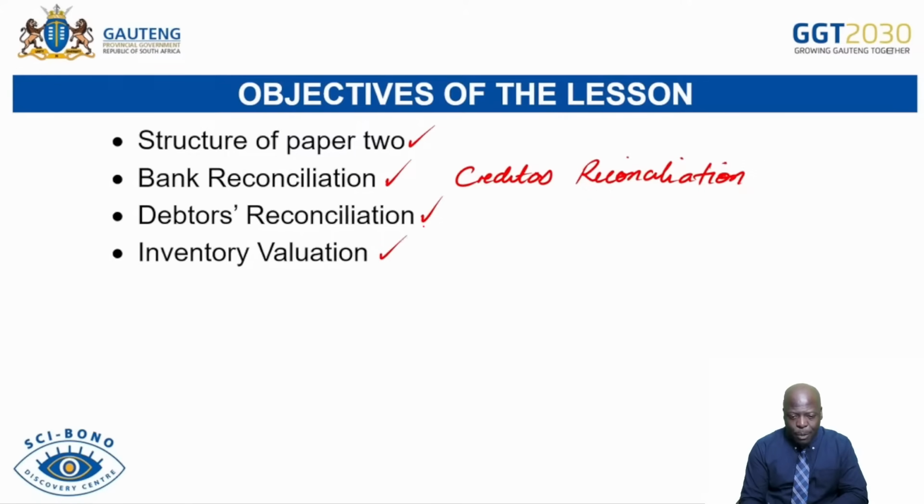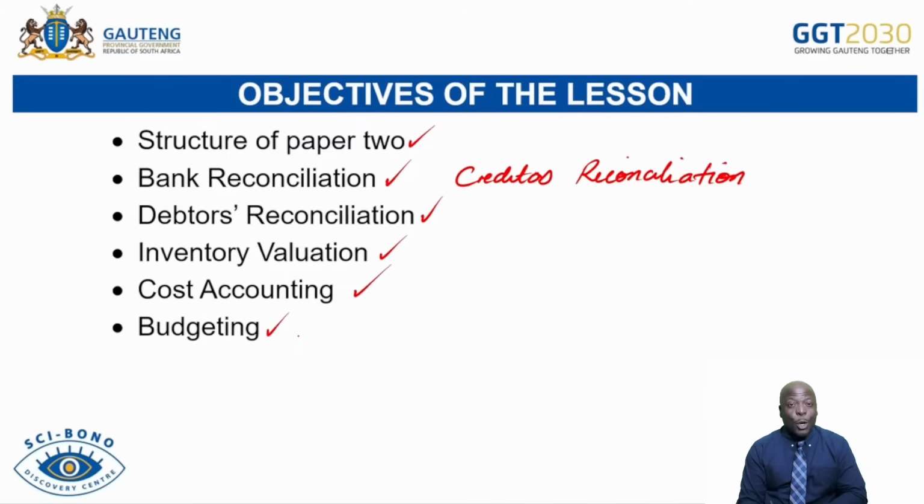We will be able to cover inventory valuation, however, and we will also touch cost accounting. But due to time, we may not be able to cover budgeting, so you need to look into your budgeting as well. There are other aspects as well that you need to look at, such as your debtors age analysis.